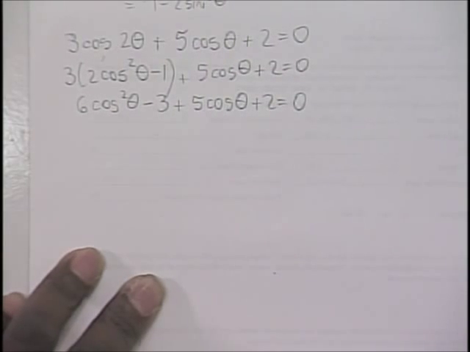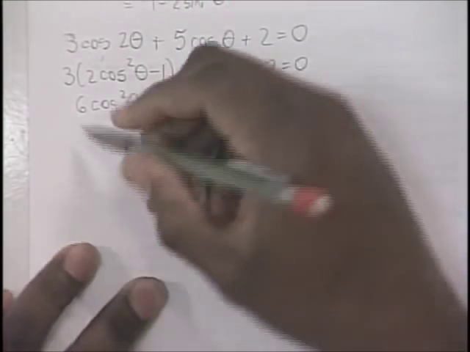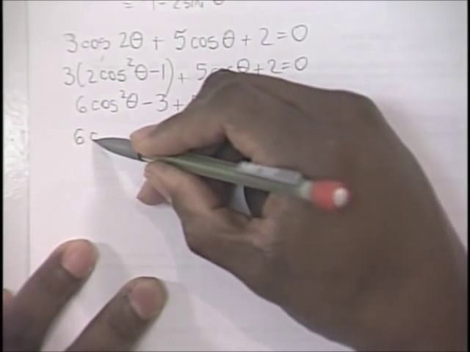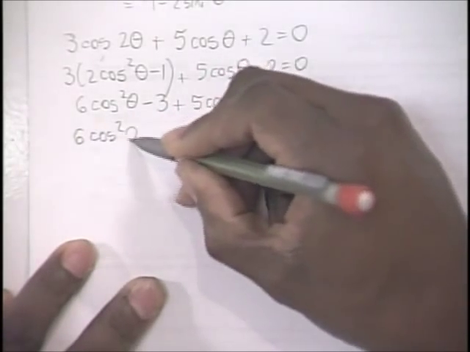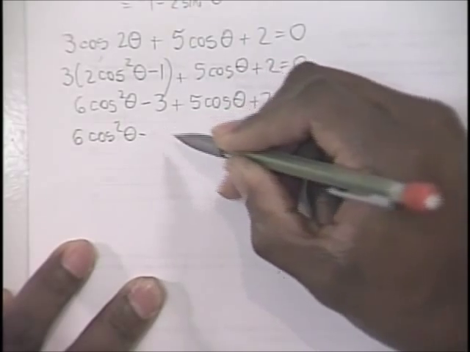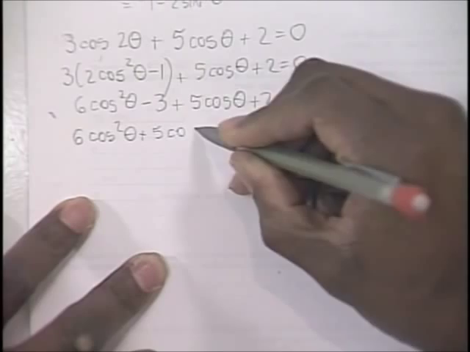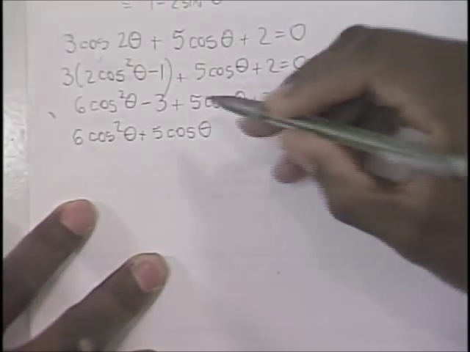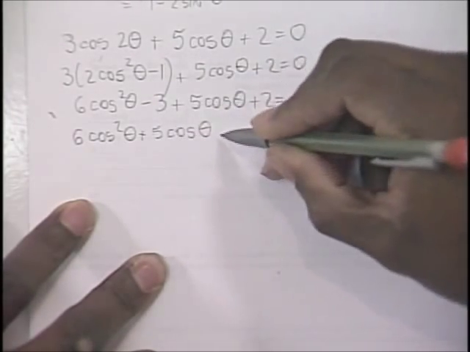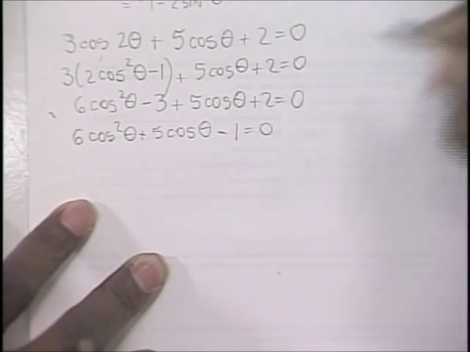Now we're going to combine terms. We get 6 cosine squared theta plus 5 cosine theta, and combining terms, minus 1 is 0.